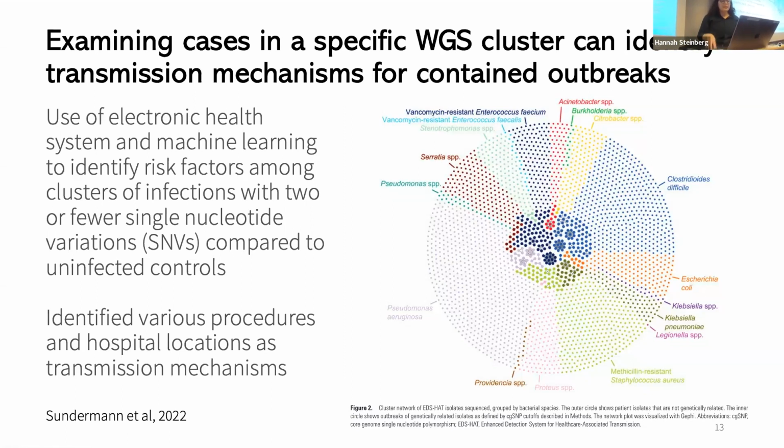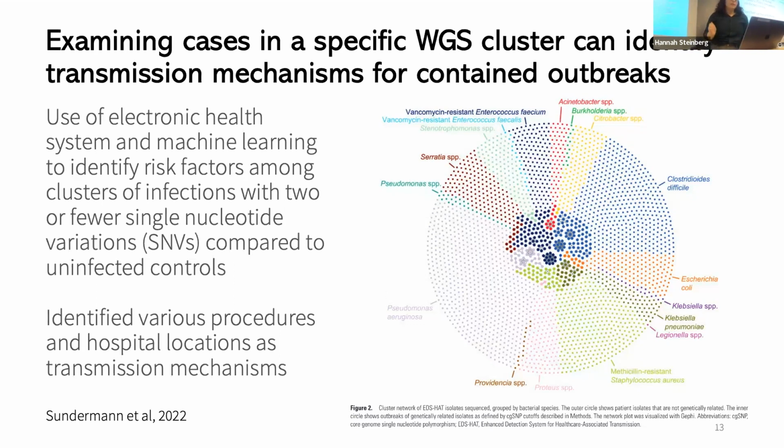And then once they defined the clusters, they used data mining of the electronic healthcare record system, as well as machine learning, to identify potential infection sources for each individual outbreak. So for example, they found that an outbreak of vancomycin-resistant enterococcus was associated with interventional radiology and the injection of sterile contrast.